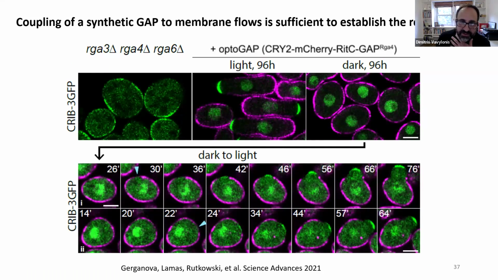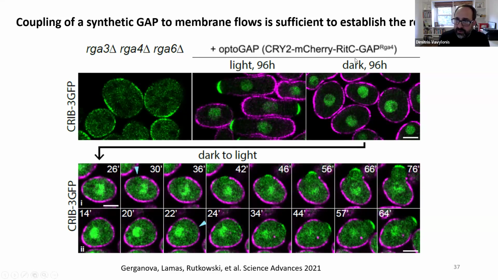So they created this fascinating experiment where now, based on this knowledge, they could transform the shape of the cells by light. So this is an experiment where working in this mutant that lacks all the GAPs, so they're round, but has this GAP protein that can be recruited to the membrane by light. It's called optogap.